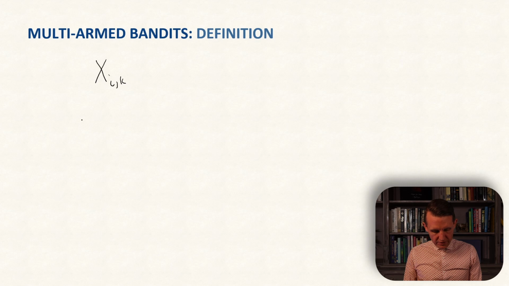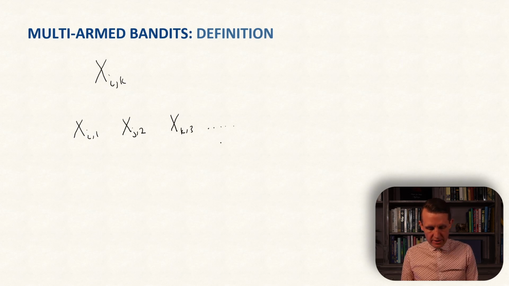So we're going to get a series of such plays, playing arm i in round 1, then playing arm j in round 2, then playing arm k in round 3, etc. The aim is to derive a strategy that selects arms in each round in order to maximize the cumulative sum of the rewards that we receive over each of these plays.